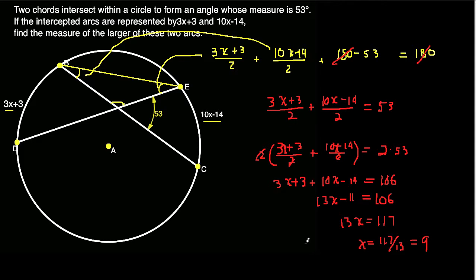So x equals 9. So if x equals 9, then 10x minus 14 is 10 times 9 minus 14. Okay, this is 90 minus 14, which is 76.